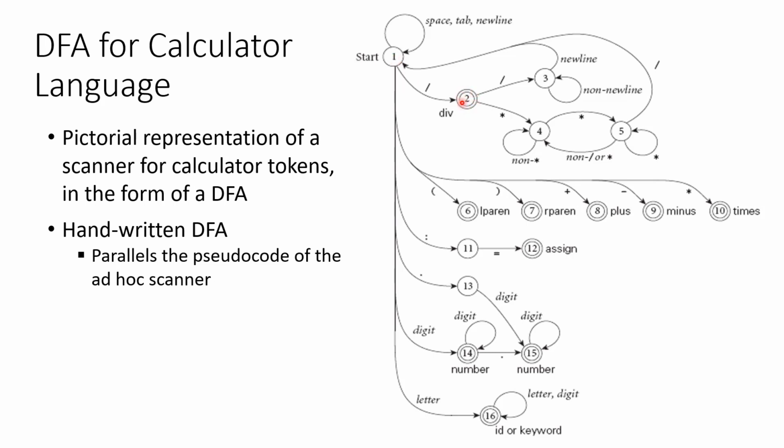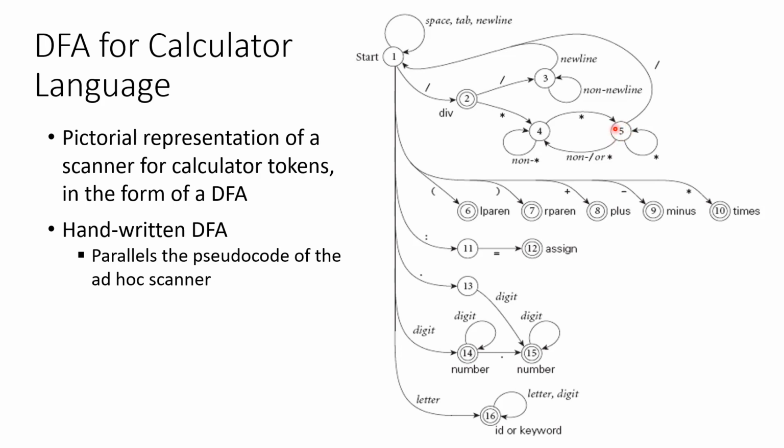When it's at state 2, if the next character is an asterisk, then it enters state 4. At state 4, if it sees any non-asterisk character, it still stays at state 4 until it sees an asterisk. Then it enters state 5.